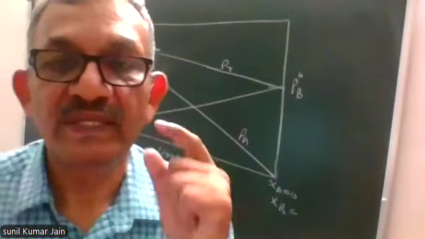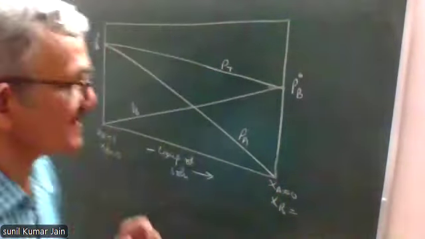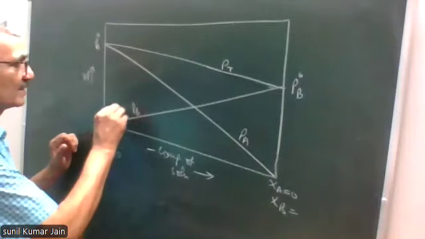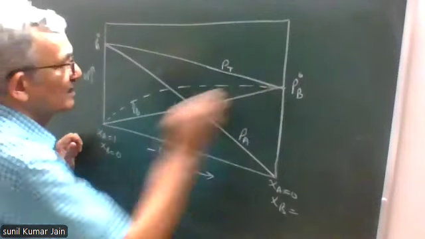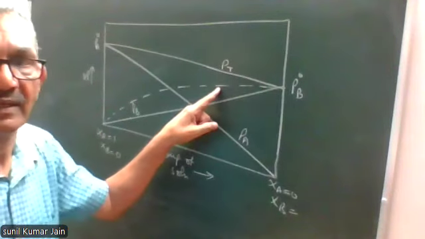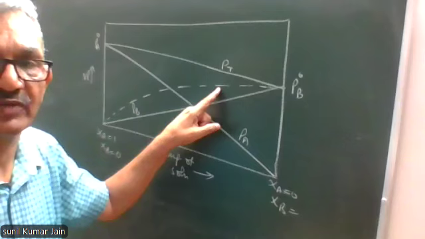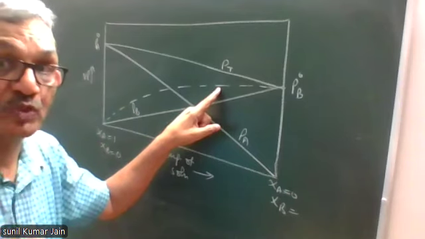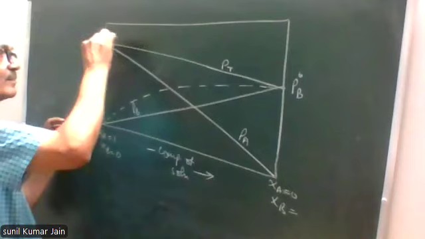We'll represent them with the help of dotted lines. So this is partial vapor pressure of B when it shows positive deviation.